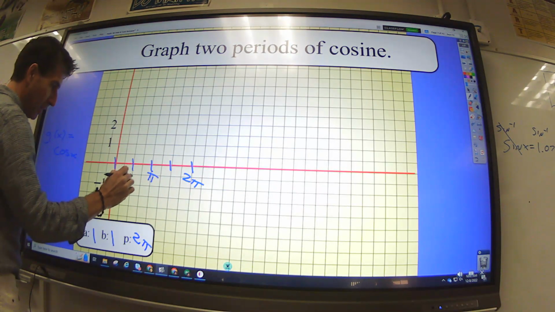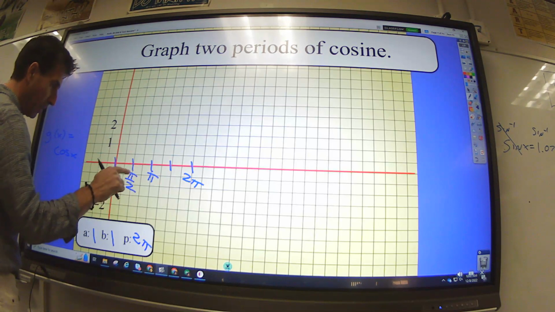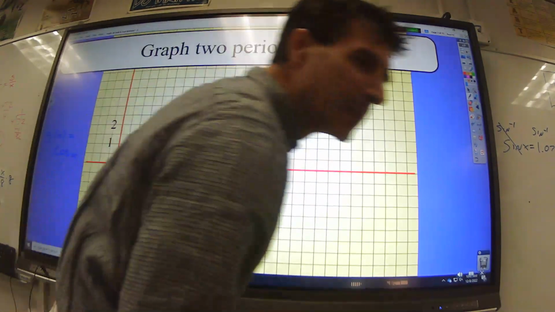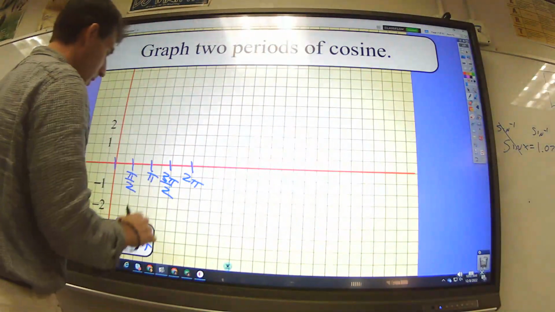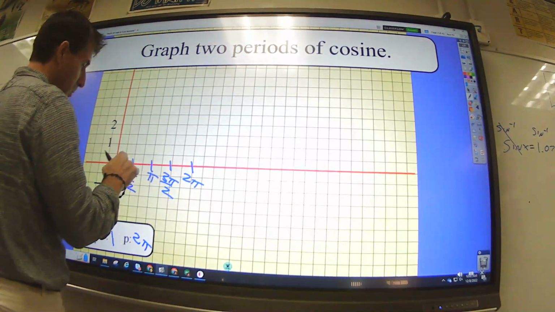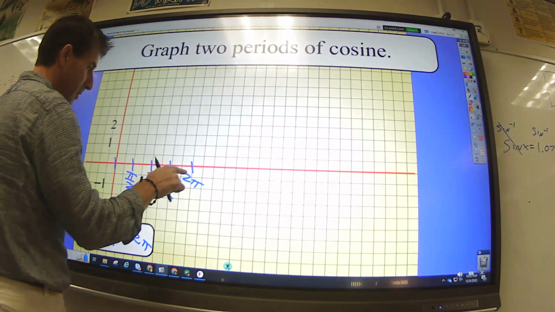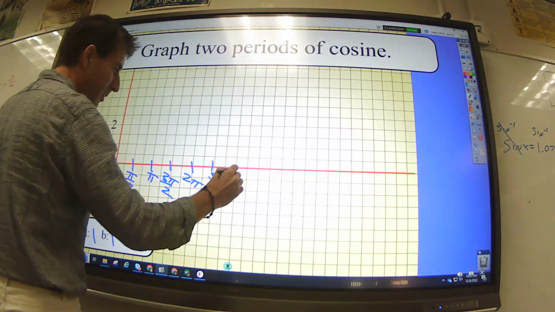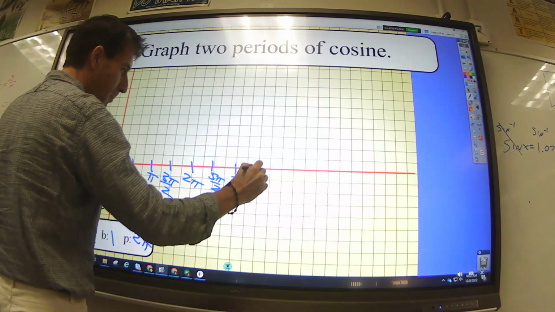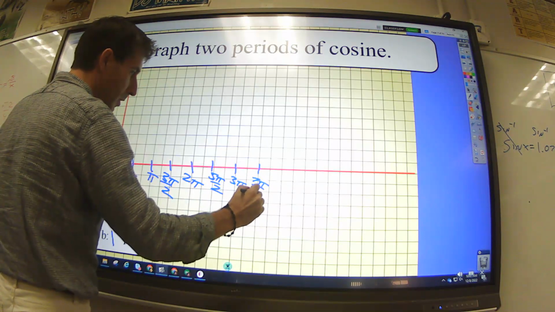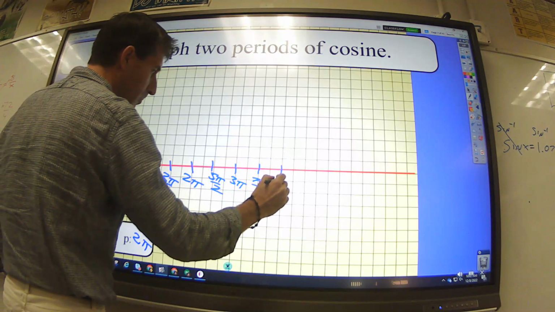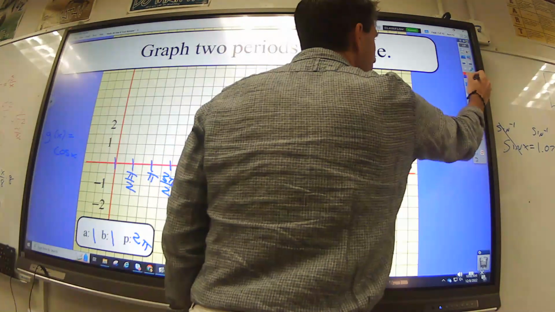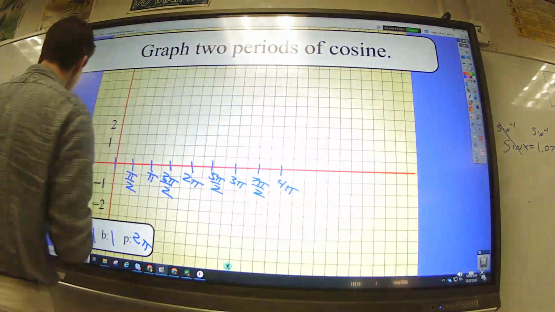Half of that, pi over 2. 1 pi over 2, 2 pi over 2, 3 pi over 2, 4 pi over 2, 5 pi over 2, 6 pi over 2, 3 pi, 7 pi over 2, and then 8 pi over 2, which is 4 pi. Okay, I'll do it in black because of Metallica.